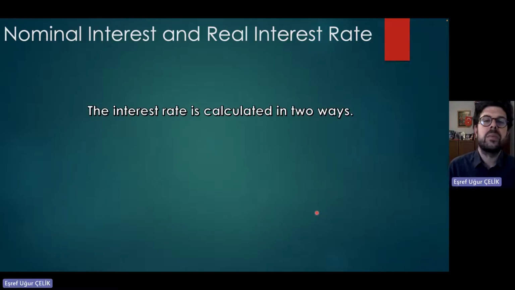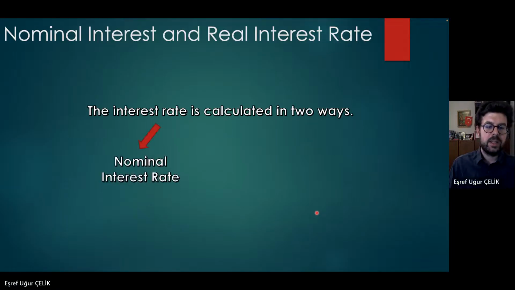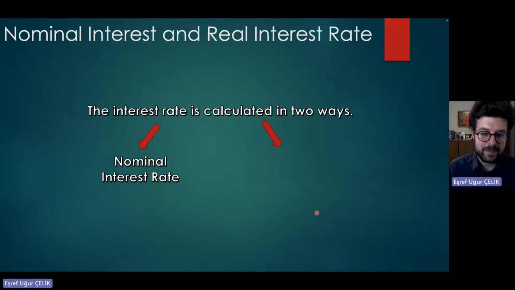So how can we calculate interest rates? We can calculate in two ways. Again, nominal and real interest rates. Maybe you remember from your midterm exam, the nominal GDP and real GDP question. The idea is the same.